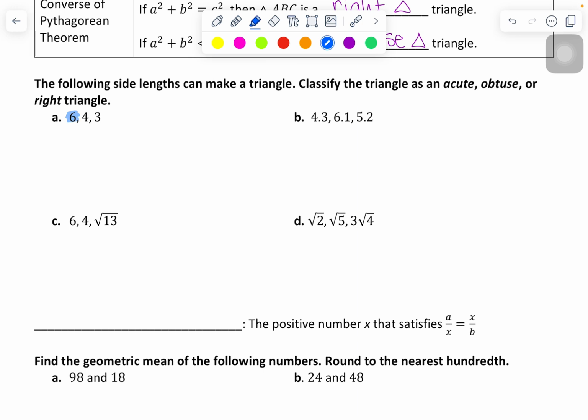Which means when I do my Pythagorean theorem, that's going to go in C. The other two are going to be A and B. Doesn't matter which one's A and which one's B. The difference compared to yesterday, though, is when I do my a squared plus b squared, which I'm going to choose to do the 3 first, I don't know if it's equal to c squared because now I know what c is. So I'm going to put, similar to yesterday, a big open box that just talks about the relationship.